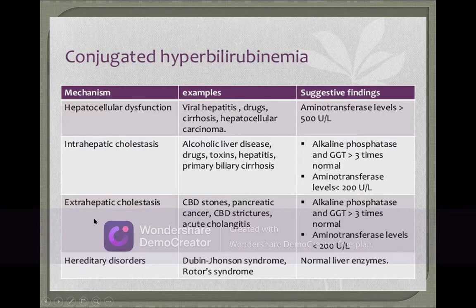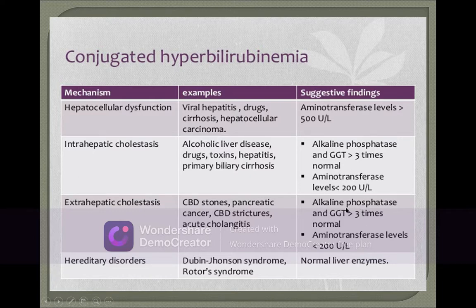And then there is the possibility of extrahepatic cholestasis, with obstruction of the bile duct, the common bile duct, the common hepatic duct, or near the intestine, like common bile duct stone, cholelithiasis, pancreatic cancer compressing it at the sphincter of Oddi, common bile duct stricture, carcinomas, acute cholangitis, relapsing cholangitis, ascending cholangitis.